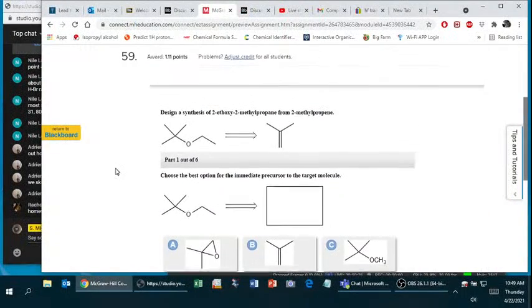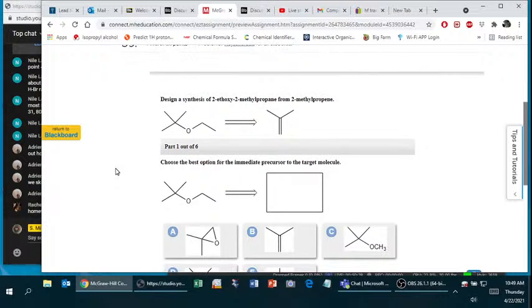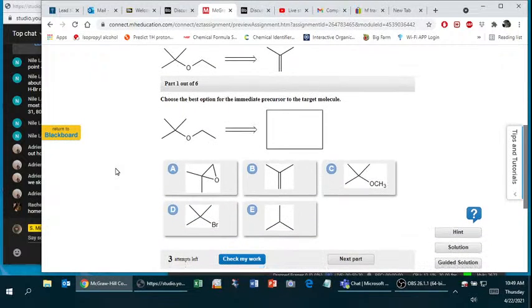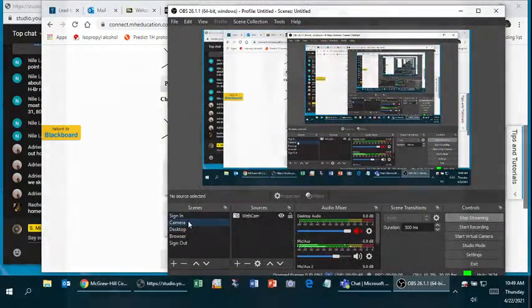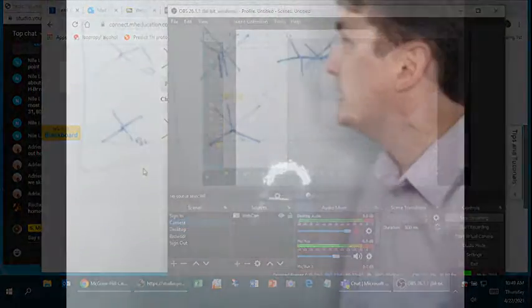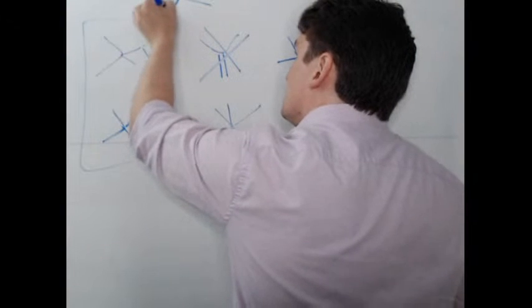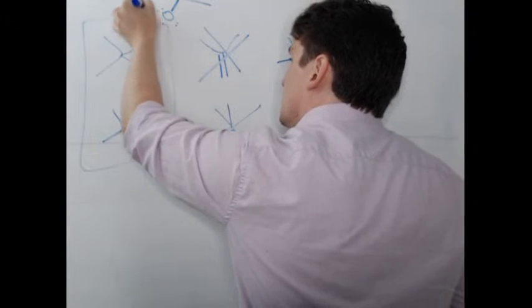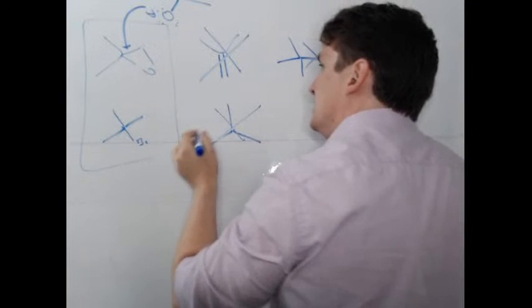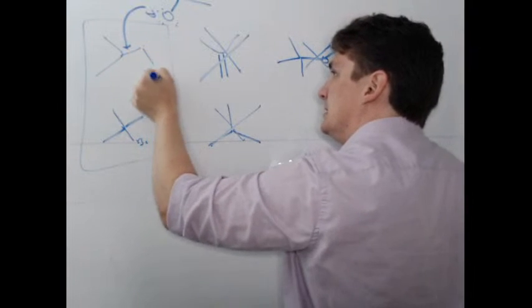So let me see if there's any context here. The way I could do it from A is do a nucleophilic attack on the tertiary carbon and break open that epoxide. Well, actually no, I don't like A anymore. If I had the epoxide and did a nucleophilic attack of ethoxide, it would open that up, but now I'm going to end up with an alcohol when I get done.